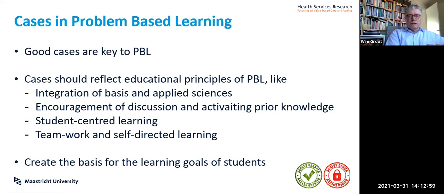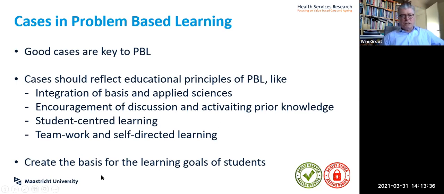The first is the integration of basic and applied sciences, that you apply real-world problems to basic science and applied science, and integrate them into the multidisciplinary perspective that you usually take in problem-based learning, where you start from a problem or an issue and involve all disciplines that may contribute to addressing this problem.